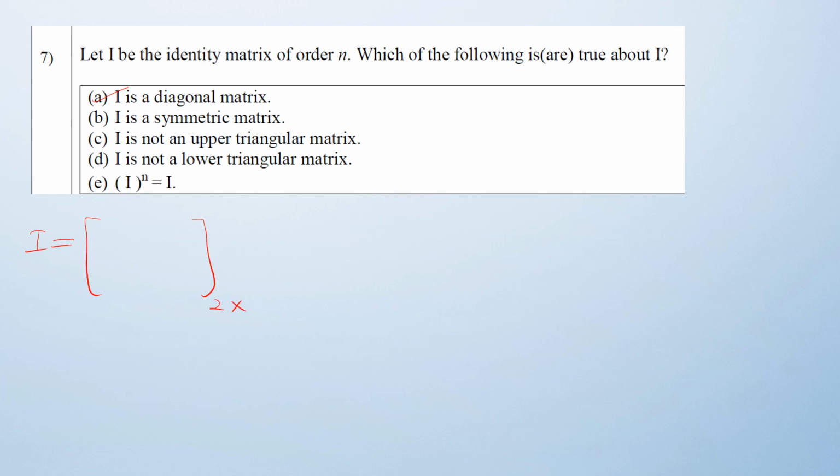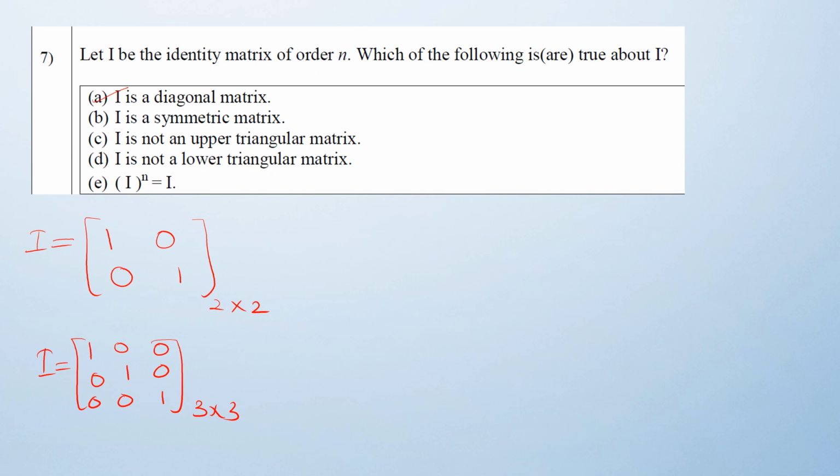Suppose we have a 2 by 2 identity matrix, then definitely in the diagonal you will have 1 and all the other elements will be equal to 0. If we have a 3 by 3 identity matrix, then we have 3 ones in the diagonal and all the other 6 elements will be equal to 0. So by default it is a diagonal matrix.